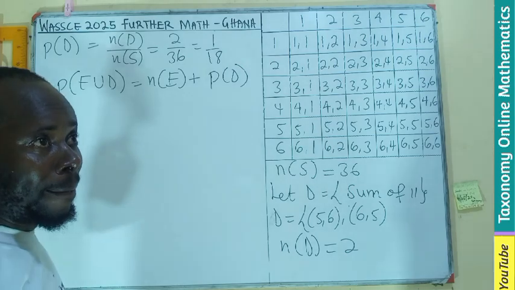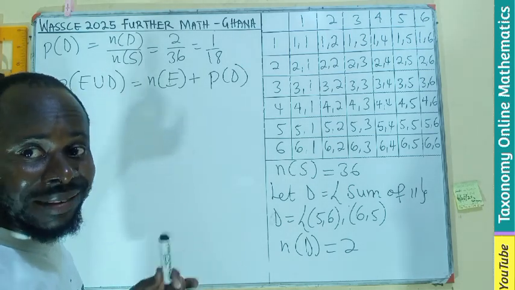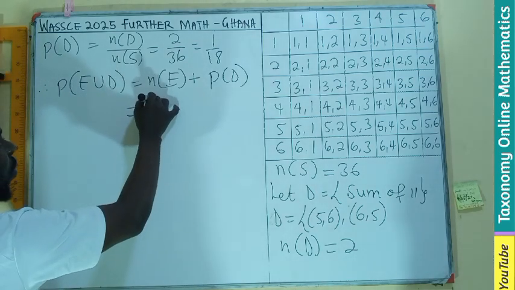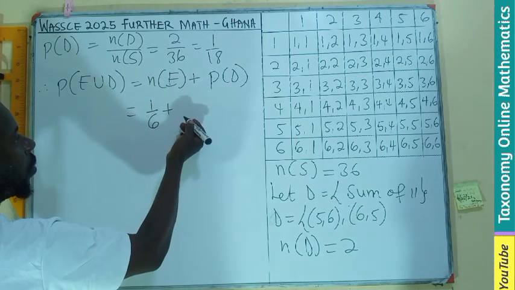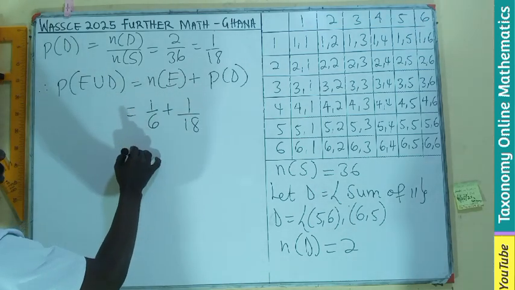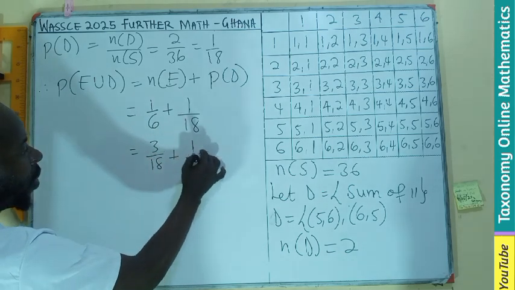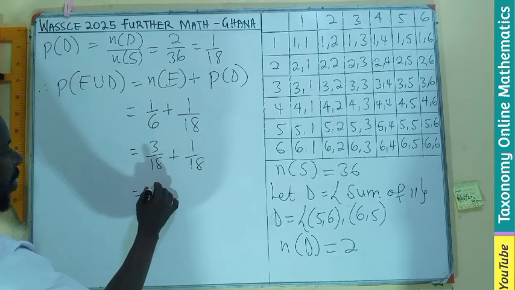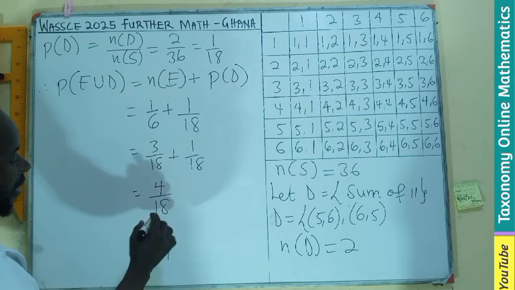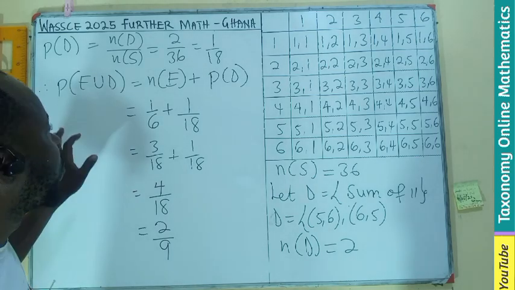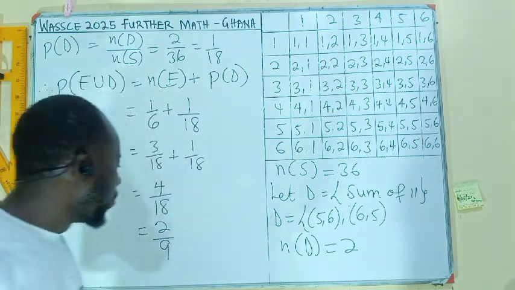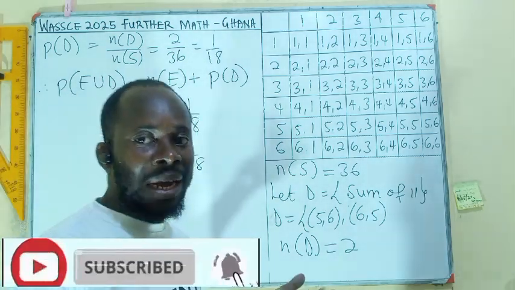There is no intersection of the set of numbers we have for both E and D. So this gives us 1 on 6 plus 1 on 18. I think 3 will multiply this to give us 3 on 18, plus 1 on 18. That gives us 4 on 18, which gives you 2 on 9. So the probability of obtaining a sum of 7 or a sum of 11 is 2 on 9. I guess well understood.